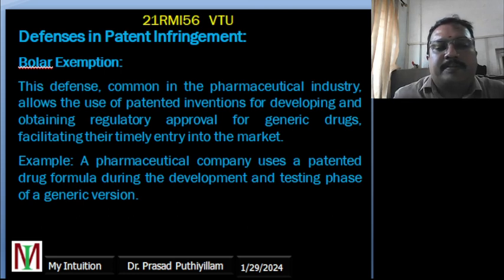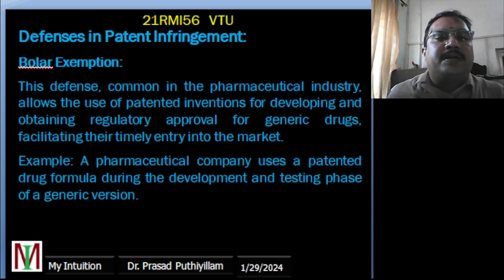We already struggled a lot during COVID-19. In such cases, if any process is already established, meaning patented, then without asking permission from the one who patented it, people can start producing.